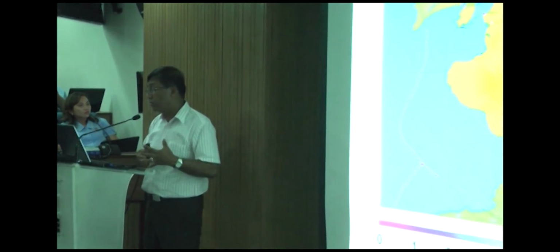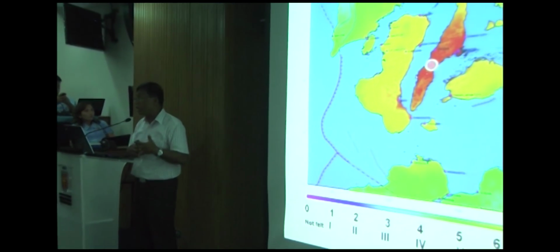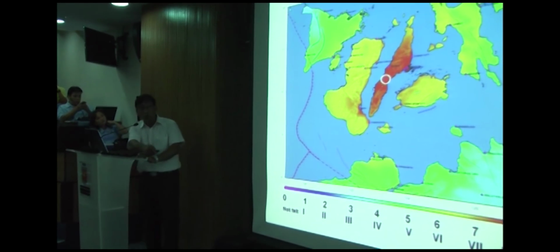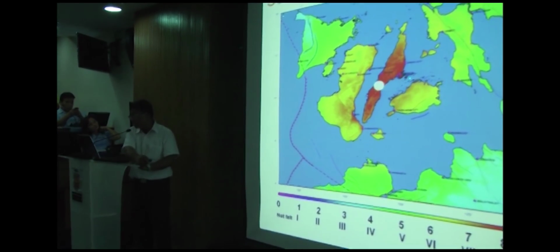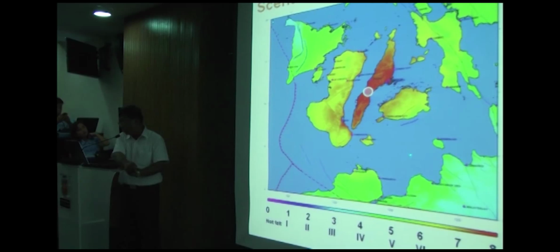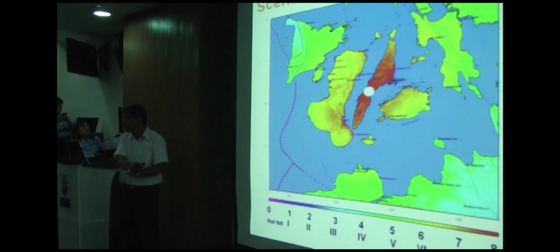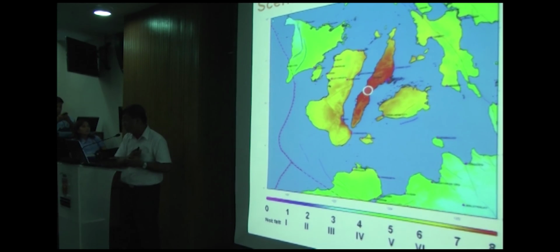So what is the scenario? If the fault in Cebu moves, and the whole length of the fault would move, then a magnitude of 7.5 can happen in Cebu. And that magnitude 7.5 can be translated into shaking intensities. The closer to the epicenter, the higher the intensity. Away from the epicenter, the lower. So the red there is close to intensity 8. It's actually intensity 8, very destructive in most areas of Cebu and some parts of Negros Oriental.